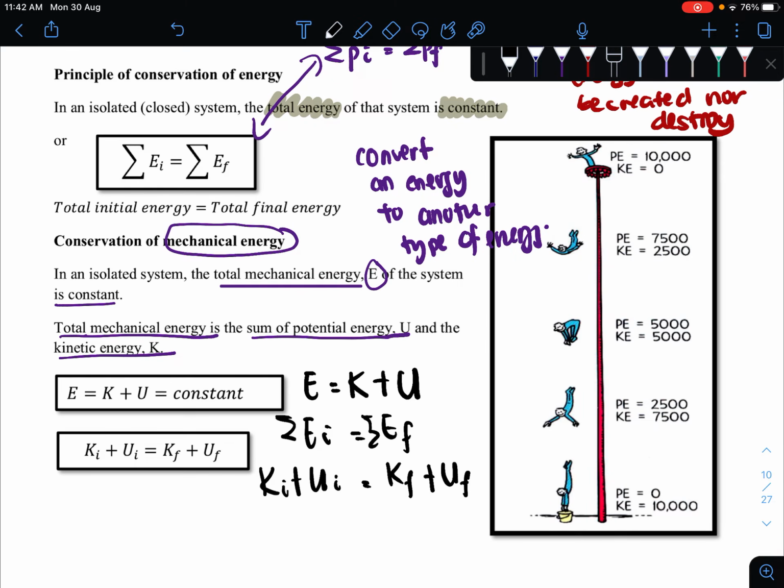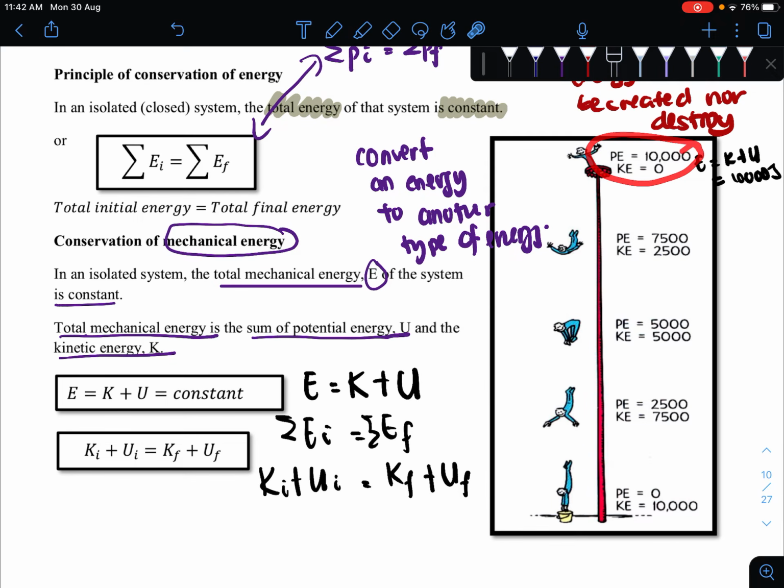So initially, the total energy here is K plus U. Kinetic energy is not present initially, so zero. Potential energy is 10,000. So the total initial energy is 10,000.